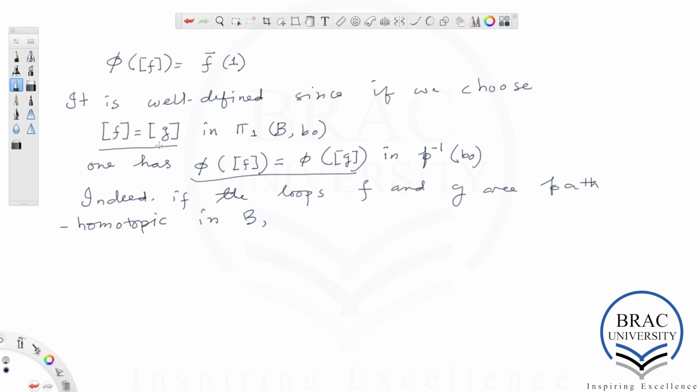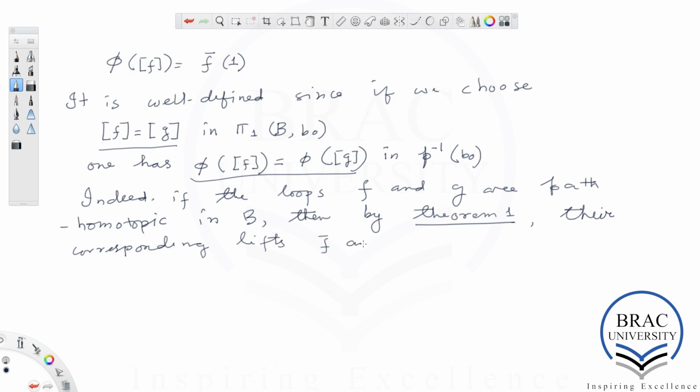Okay, then by theorem 1 earlier in this lecture, their corresponding lifts F bar and G bar in E are also path homotopic, right? From the statement of theorem 1.